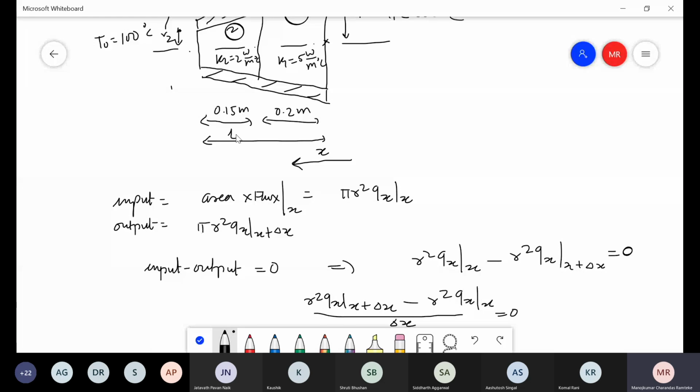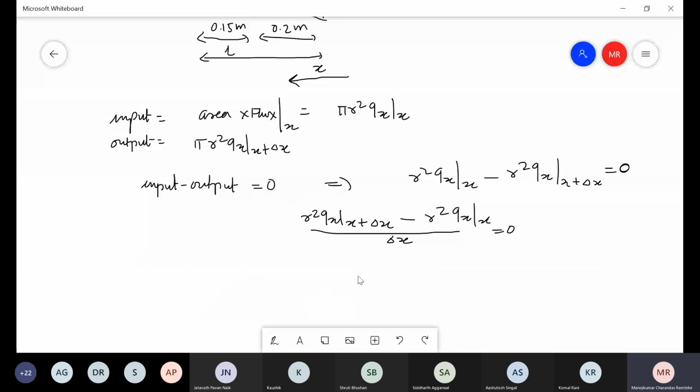Depending on the value of x, my radius is going to vary because my structure is kind of a cone, isn't it? As I move away from the right hand side end, my radius is going to decrease. On the right hand side my radius is R1, whereas at the extreme left, at the distance of L, my radius is R2, correct?